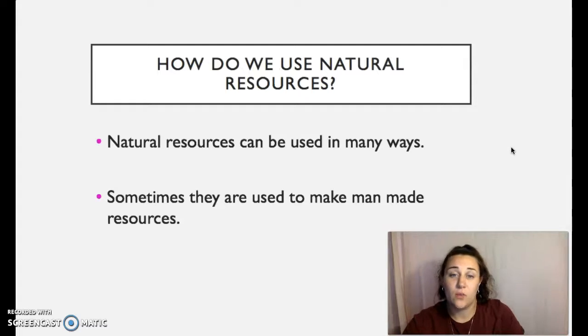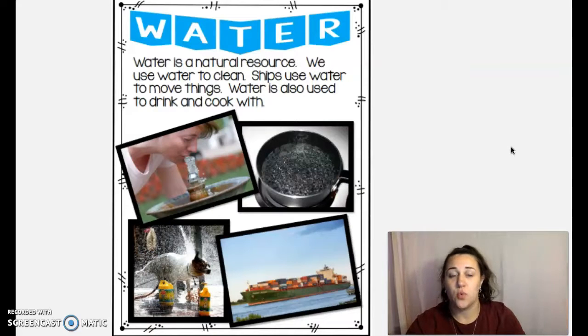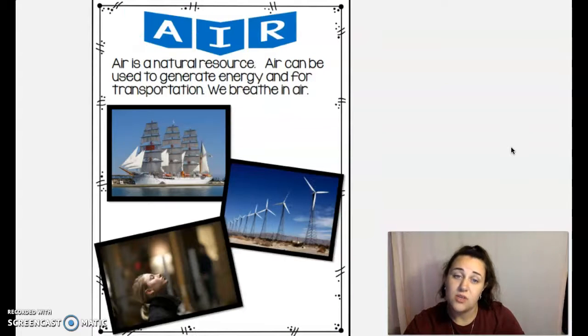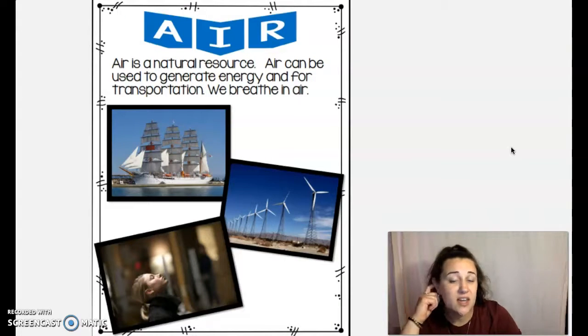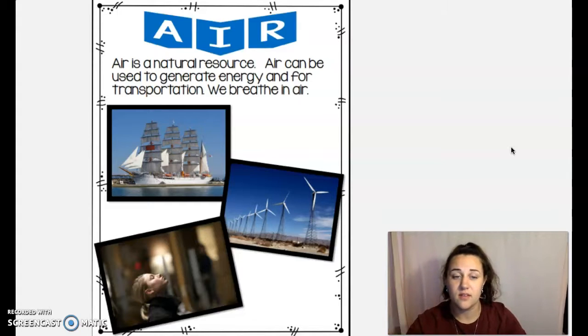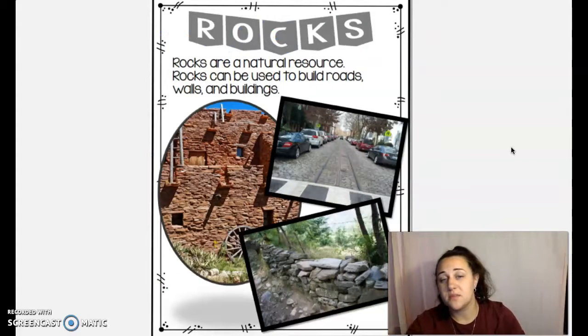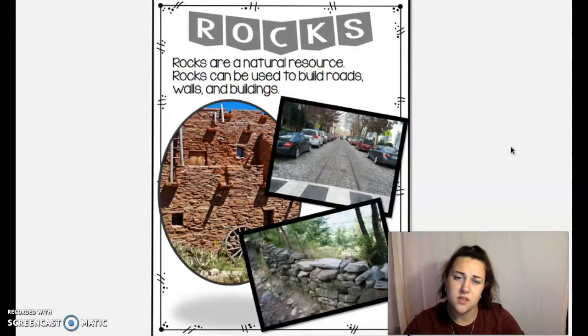Then we talked about how we use natural resources, and we talked about we can use them in many, many different ways. And we used water. We use it for drinking, transportation, bathing, and cooking. We use air for transportation, energy, and breathing. We use rocks to build buildings, to build roads, to build walls.